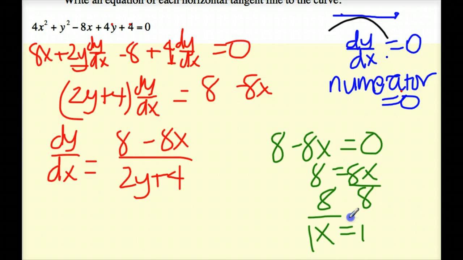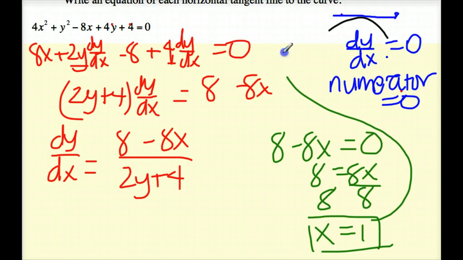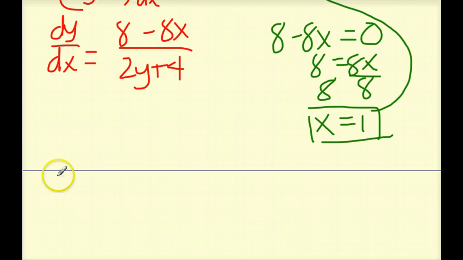If I have x equal to 1, how can I find the y values that match this? Good, I'm going to take this and plug it back into my original equation. So let me take this down. Let's plug in 1 into our equation.